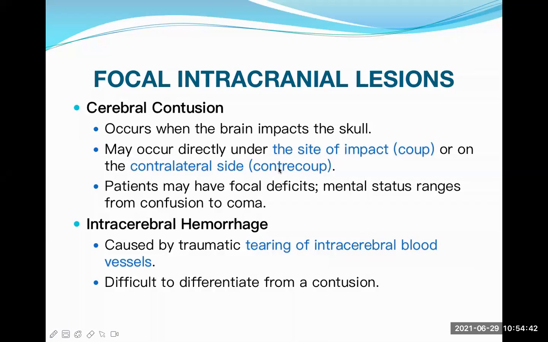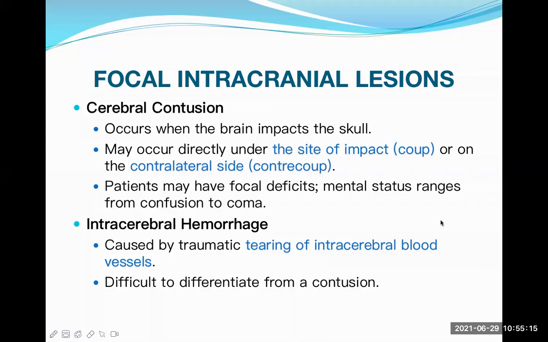One, the place where there is a direct injury, we call that the site of impact. We call that coup type of injury. And on the exact opposite side of that site of impact, we have contrecoup type of injury. This contrecoup injury occurs because of the movement of the brain, which is hitting the back side of the skull, and there also the injury occurs.